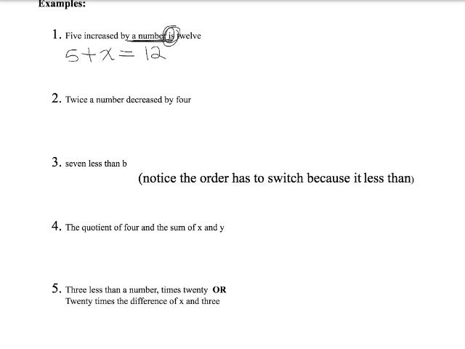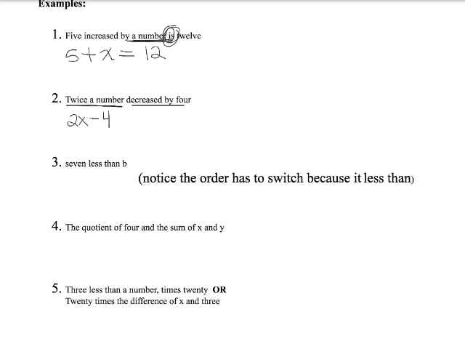If you want to show twice times x, a number, if I just write 2x, we know that that means 2 times x. Then we want to decrease that by 4, so we want to subtract 4 from it.